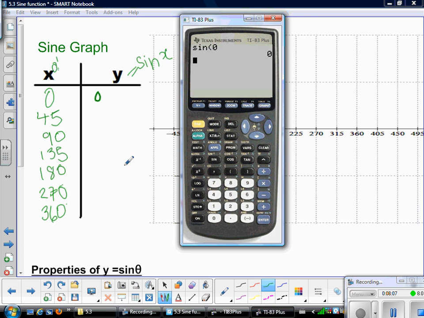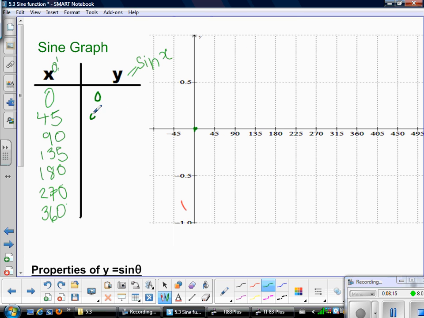The next one we're going to do is the sine of 45 degrees, and that is approximately 0.7. And so at 45, 0.7, here's 0.5, so approximately here, and again, I'm just kind of guessing, roughly. Notice it's not at 0.5.